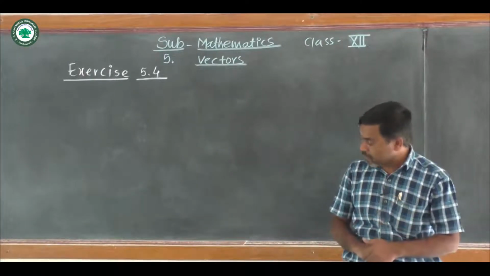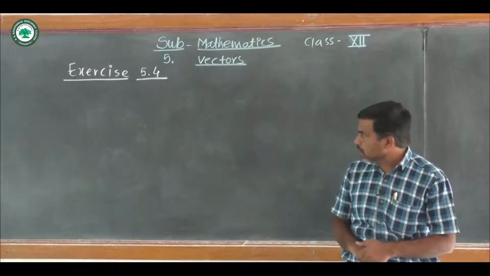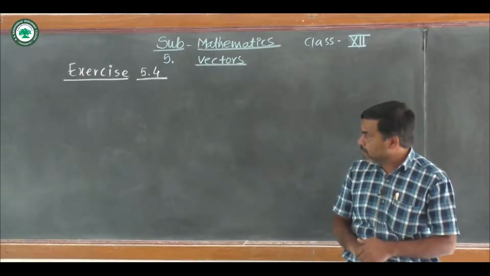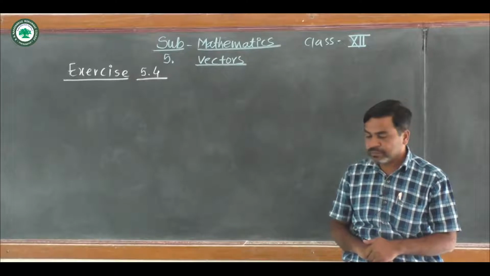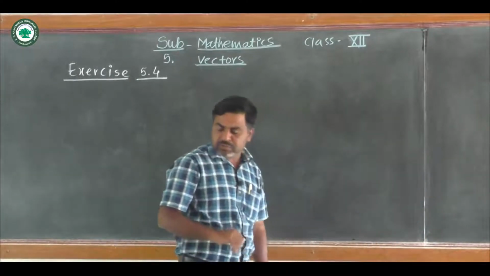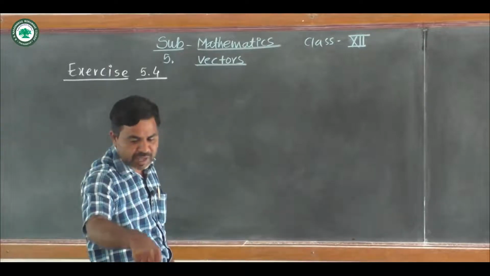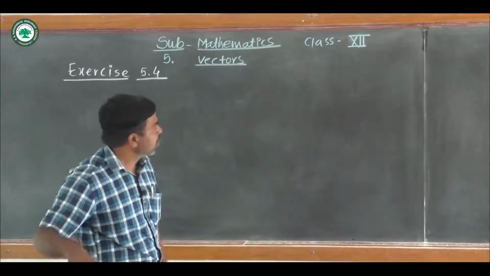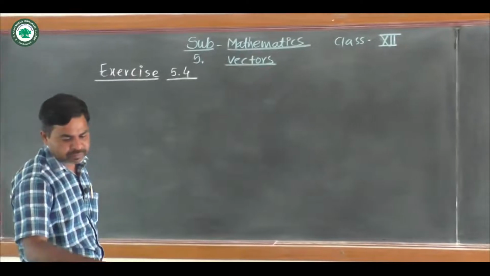In the previous lecture, we have taken some examples from exercise 5.4. Now in today's lecture, we are going to see some more examples from the same exercise. So let's see the first question.